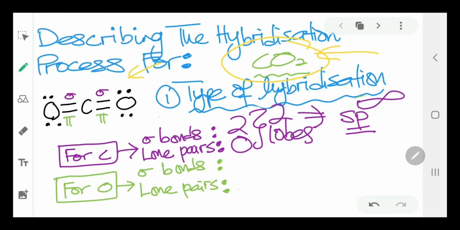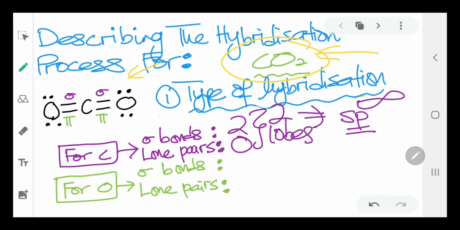What about the oxygen terminal atoms? Both of them are identical, so they are the same. It's sufficient for you to just do one explanation or prediction over here, because whatever you do for that one, it will be the same for this oxygen over here.